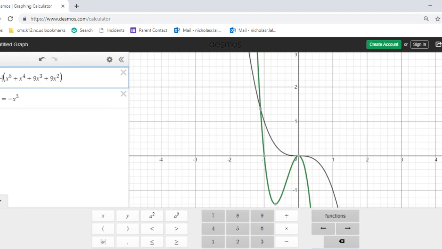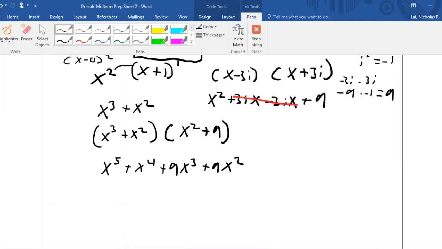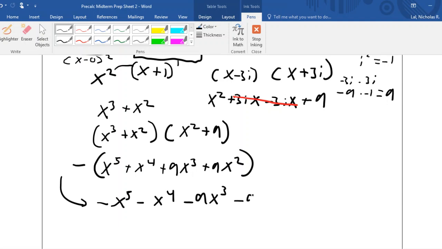I've flipped the end behavior over the x-axis. So all I have to do is put a negative sign out in front. So that becomes negative x to the fifth minus x to the fourth minus 9x cubed minus 9x squared.